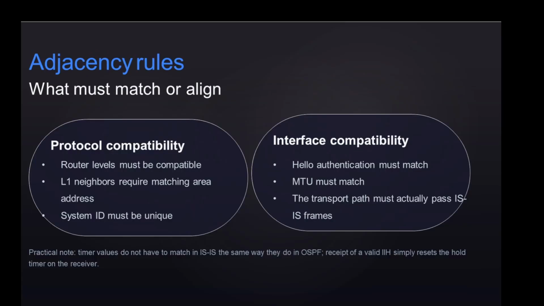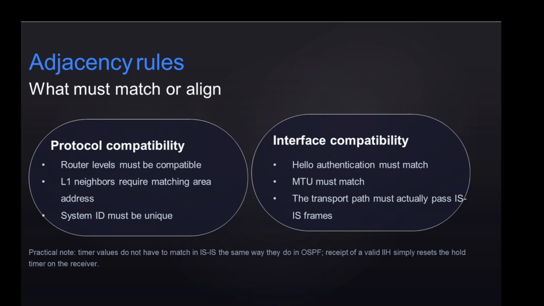So let's check some of the adjacency rules: what must match, or what does not need to match, for two IS-IS speaking routers to establish adjacency. The router levels must be compatible. When I say router levels must be compatible, it's specifically for an L1 router. For an L1 IS-IS router to establish an L1 adjacency, it must be speaking to another router in the same area.